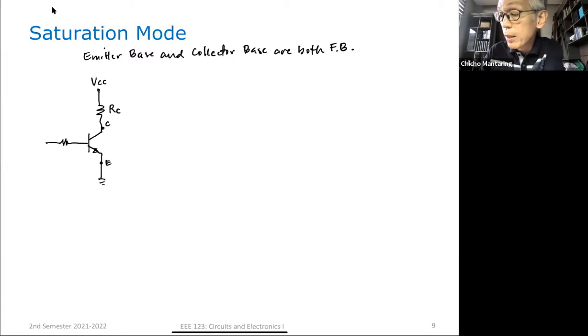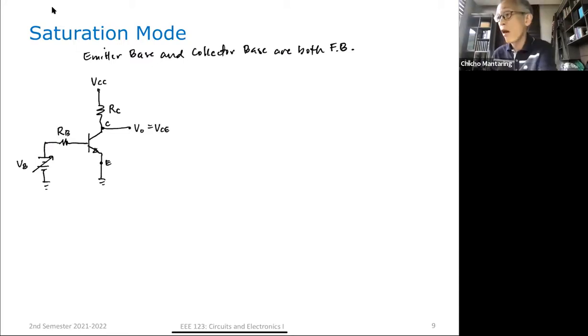And then let me connect a variable input voltage to my base through a resistor RB. And I'm going to get my output here at my collector. So this is my output, VO, which is equal to VCE.